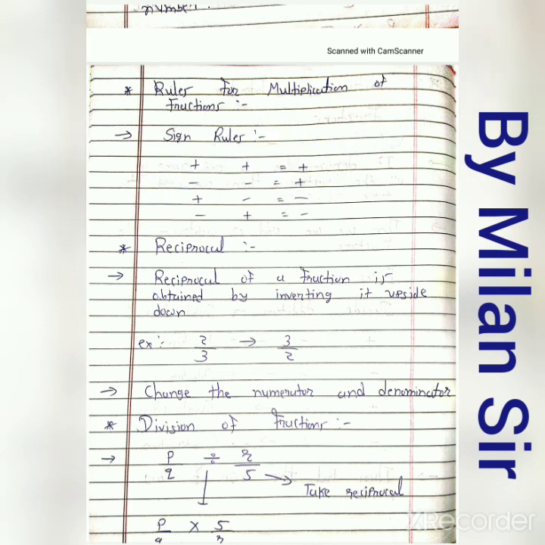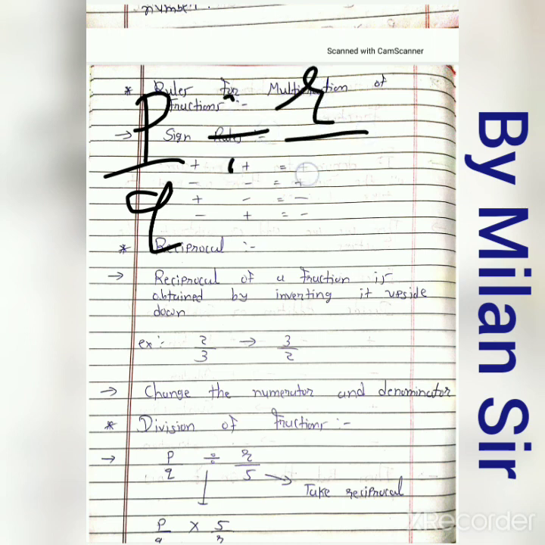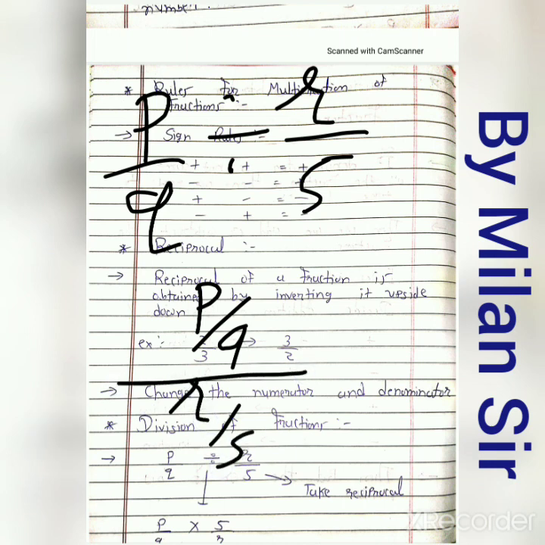Okay, then division of fractions. If we have two fractions, that means p by q divided by r upon s, we can write it like this: p by q divided by r by s. Right?